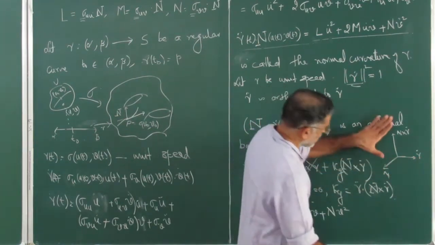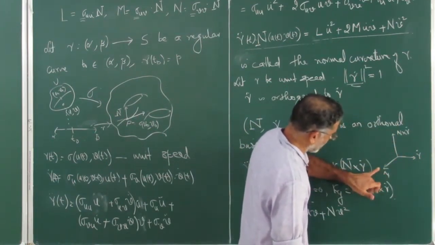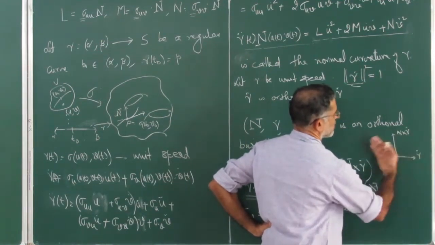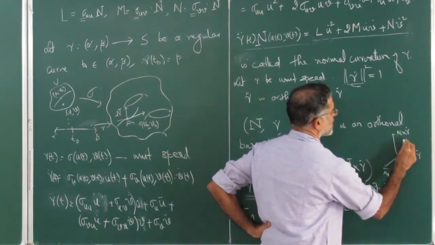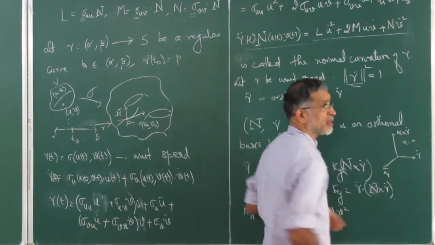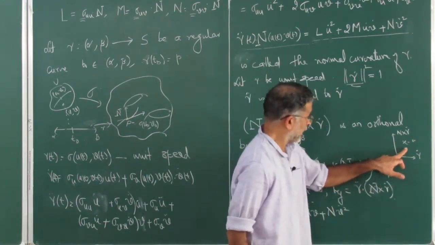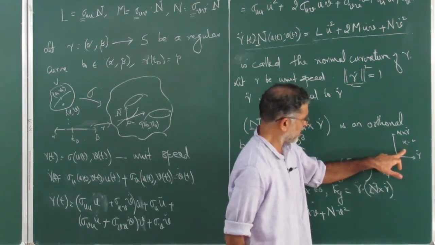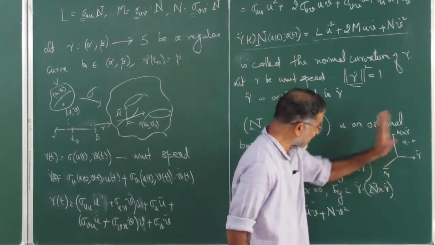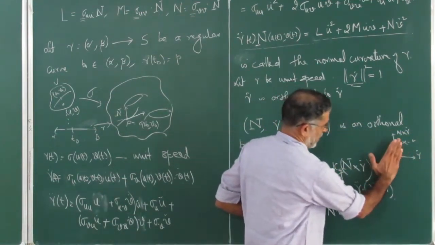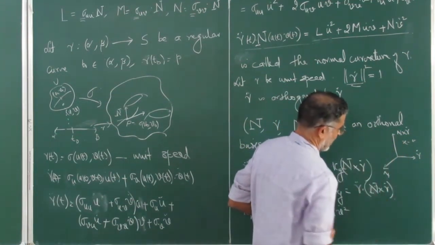This is gamma dot, this is the plane perpendicular to that, and this is your n, and this plane, namely the xz plane, that's exactly your tangent plane. And the plane perpendicular to that is this yz plane.